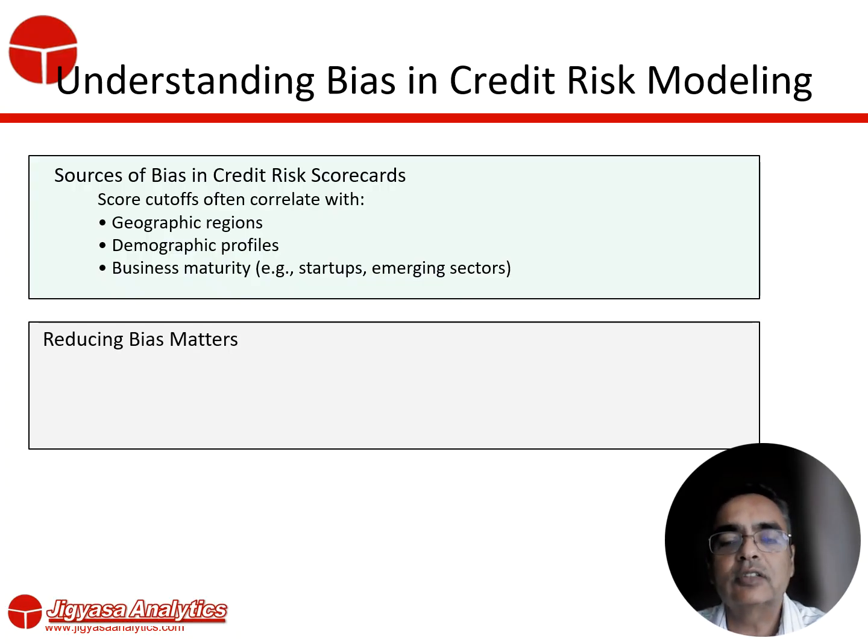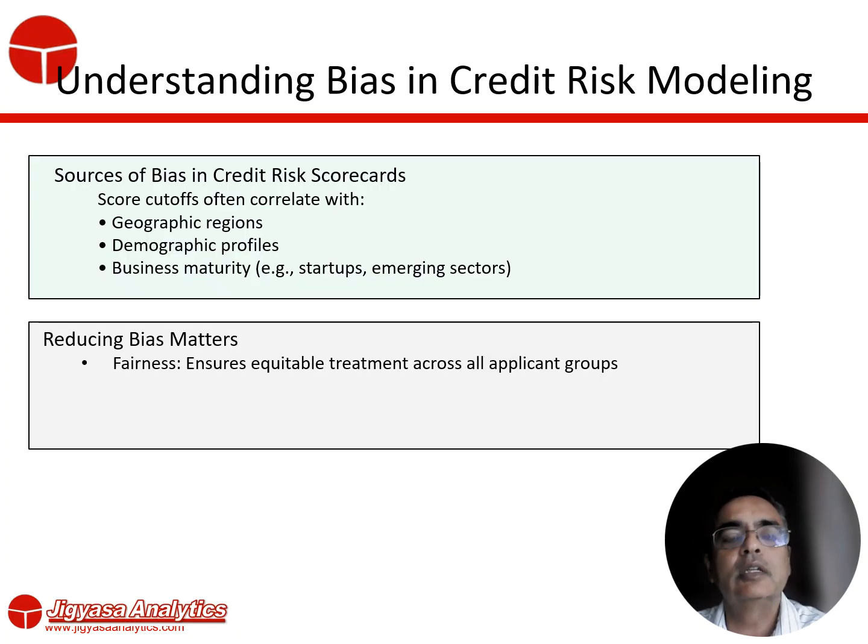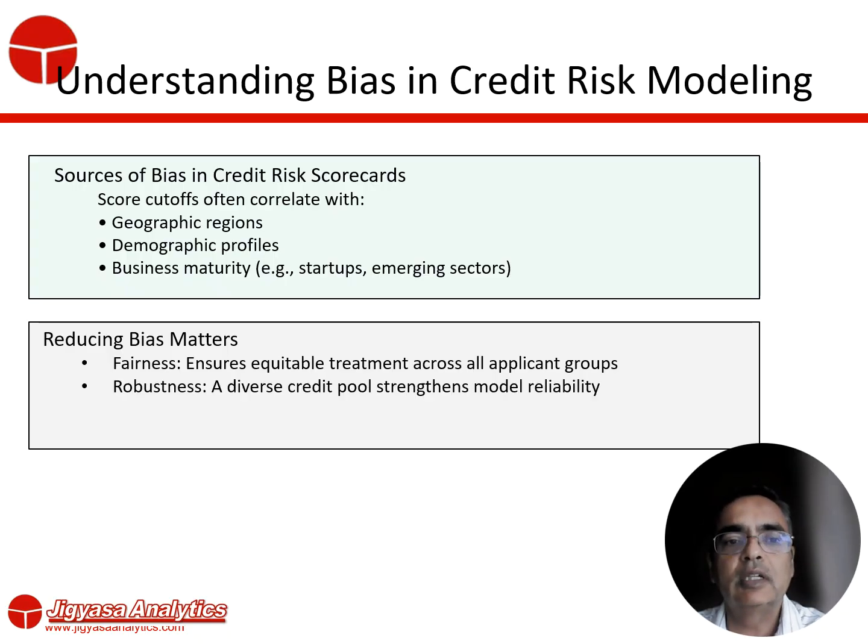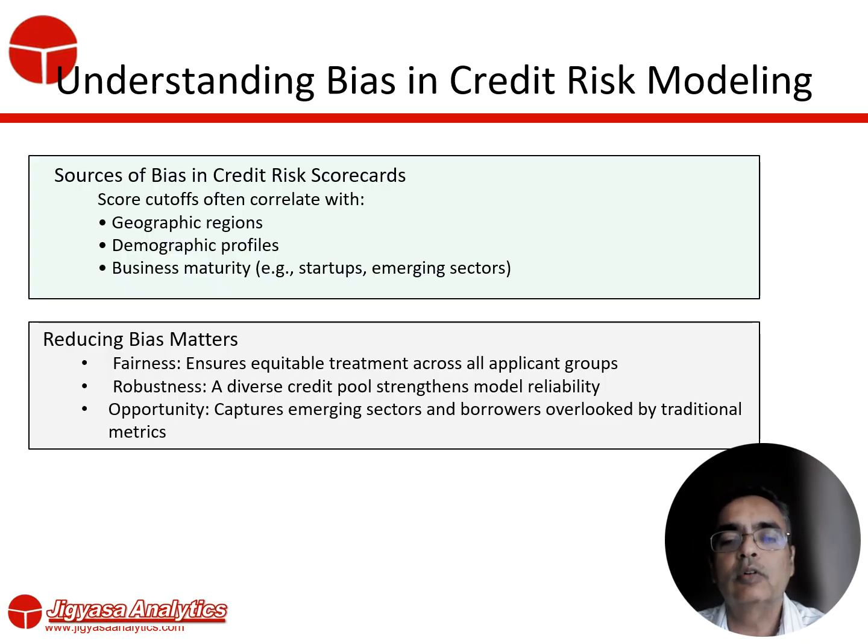Now, reducing bias matters. Why does it matter? There is the underlying thing about fairness. You want to reduce your credit risk, but you don't want to be unfair to anyone. The thing in addition to this is that your model must be robust. It must be able to take in perturbations and shocks, and a more varied credit pool improves the model's ability to do so.